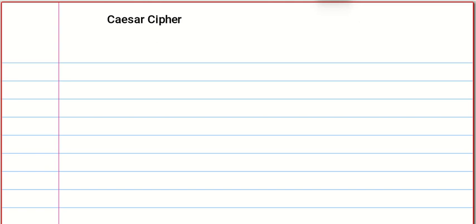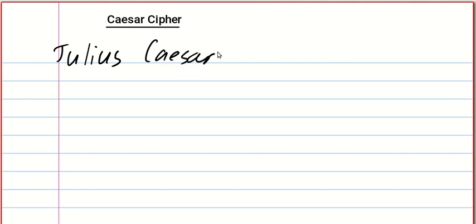Hello, students. In this lecture, we start talking about cryptography itself. And the first thing we're going to talk about is the cipher of Julius Caesar. He was a famous Roman emperor, right? He lived from 100 BC until 44.